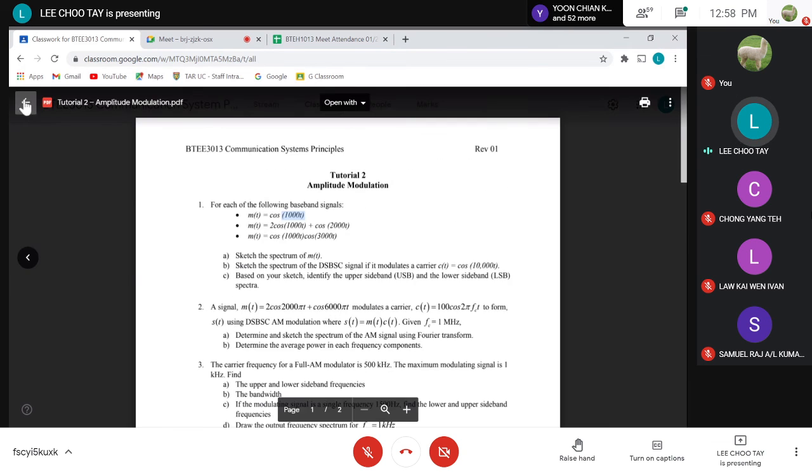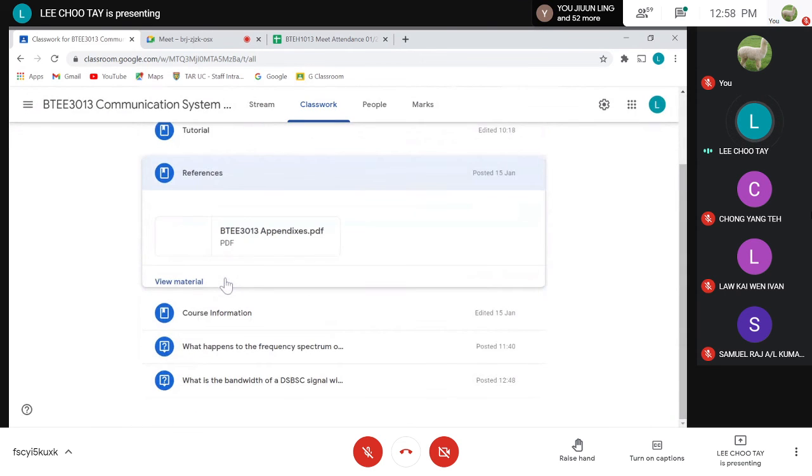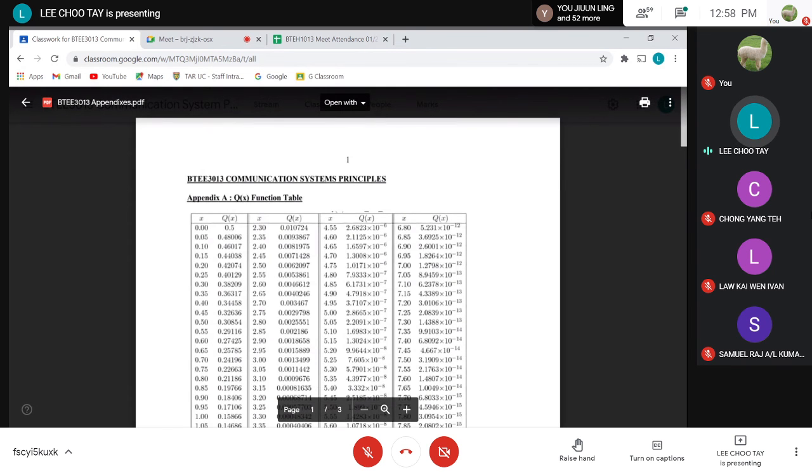Also, if you refer to the references, I think I put it here, the appendix. This is useful information for you.